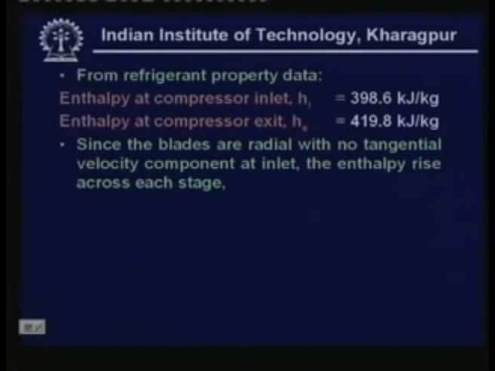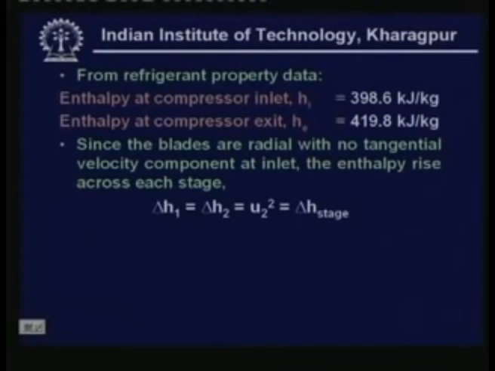Since the blades are radial with no tangential velocity component at inlet, the enthalpy rise across each stage, delta H1 for stage 1, is equal to the enthalpy rise across stage 2, delta H2, which is equal to U2 square. As I have already mentioned, both the impeller stages have the same diameter, and they also have the same rotational speed.